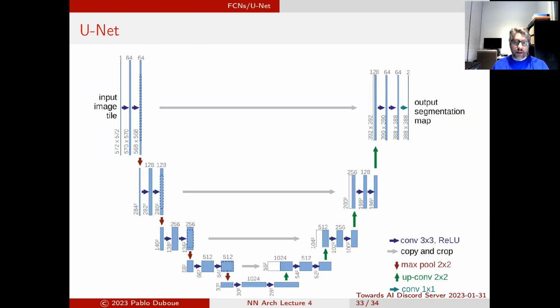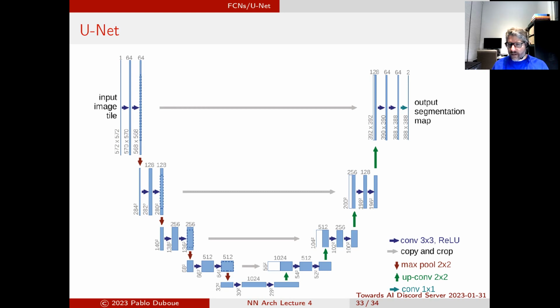And this is a diagram that you will see over and over again if you read the recent papers on image processing, in which you take the image and you go through the same process. The left side of the U is the same type of processing we were seeing in YOLO or AlexNet or any of these, in which we apply different kernels.